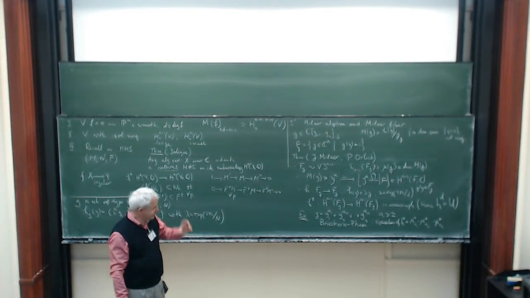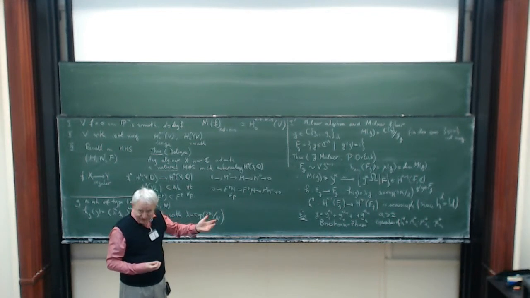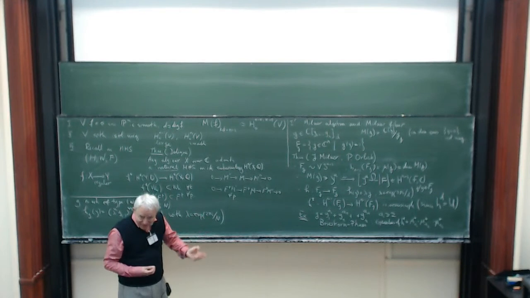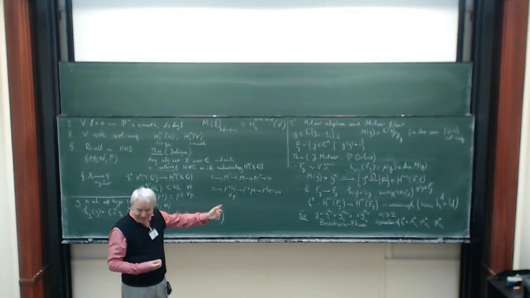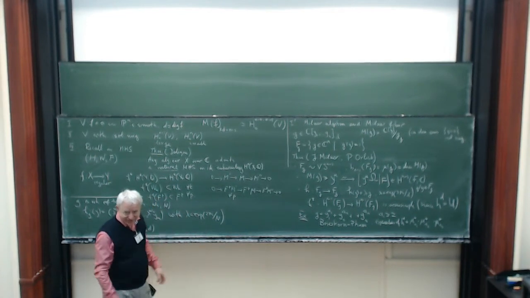But here, because the polynomial is weighted homogeneous, we have this canonical choice. And moreover, this canonical choice is an algebraic mapping. And that's why the monodromy operator is compatible with Mixed Hodge structures. So there are a lot of advantages.